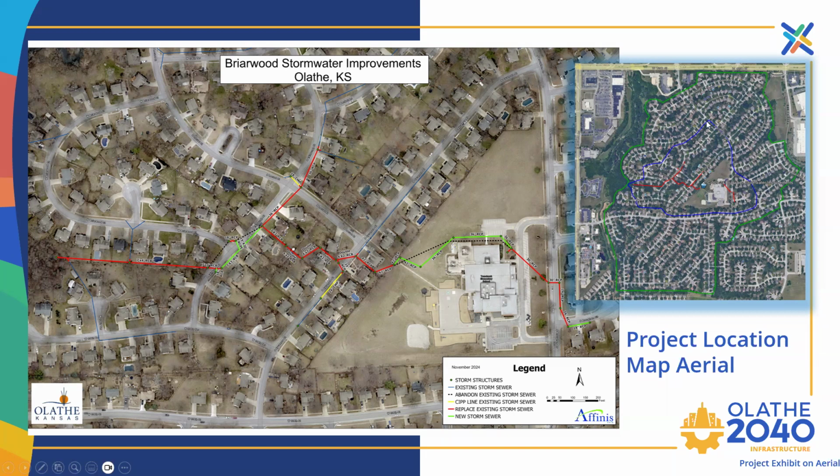All the stormwater runoff from everything inside the blue area drains to the project here and ultimately discharges at the downstream end into Indian Creek. And the impacted storm sewer system as part of this project is outlined here in red.